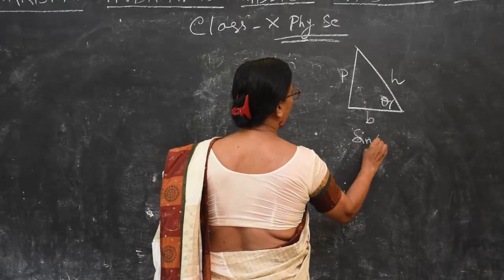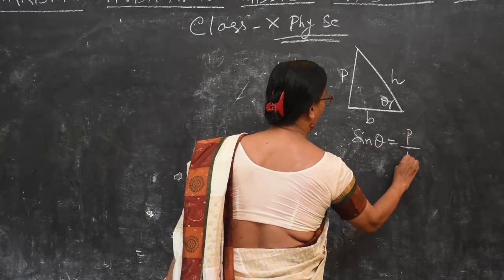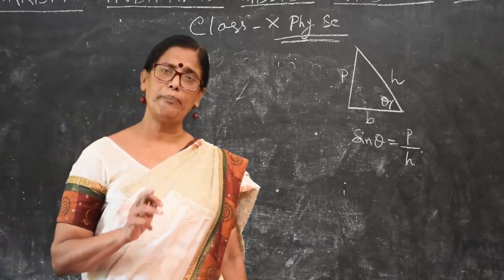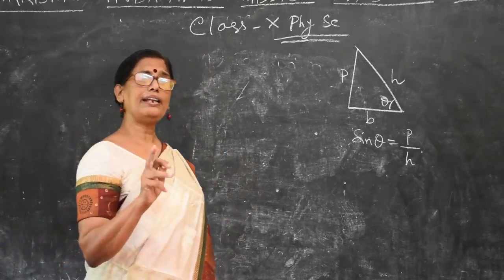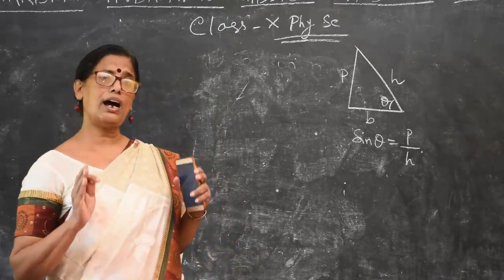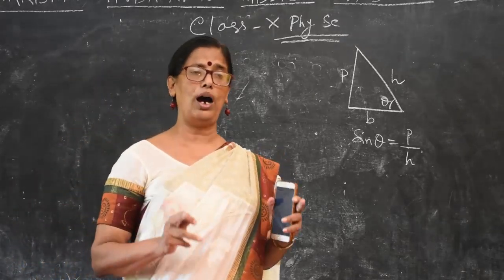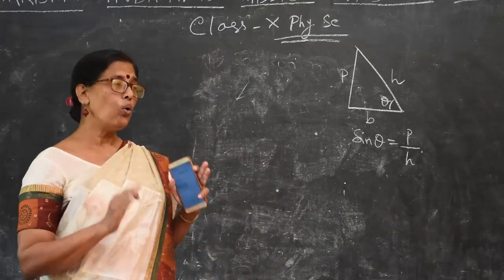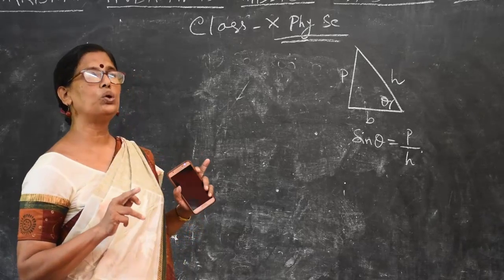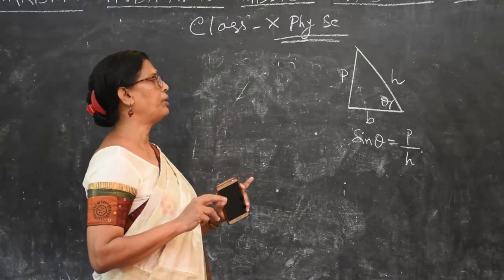Sin theta is the perpendicular by hypotenuse. Sin theta does not mean sin into theta. Sin theta as a whole is a physical quantity, where the angle is expressed by the ratio of two sides.